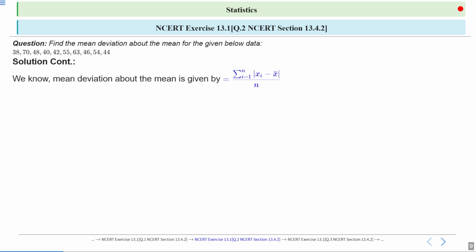So here we know the mean deviation about the mean formula is given by summation from i equal to 1 to n modulus value of xi minus x bar divided by n. Here n is 10 and x bar is 50. Therefore, mean deviation about the mean is summation i equal to 1 to 10 absolute value of xi minus x bar divided by 10.